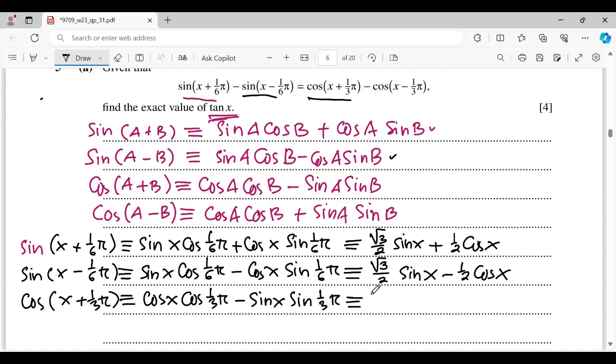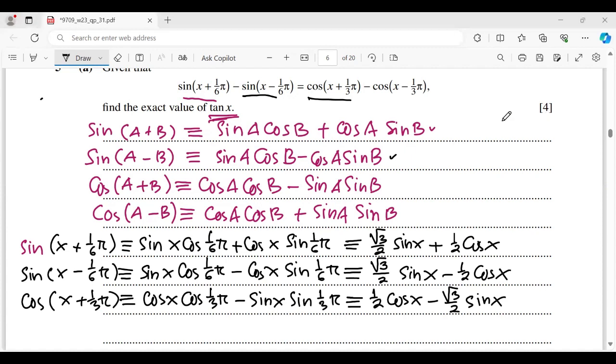It becomes half cosine x minus square root 3 over 2 sine x.